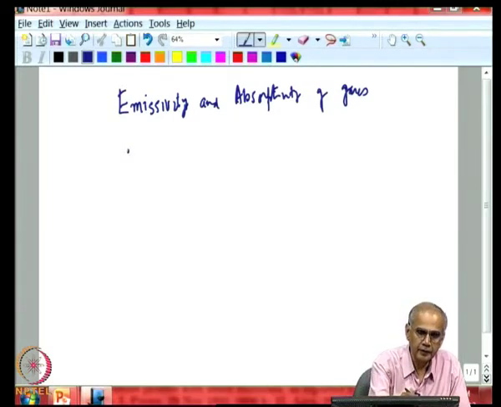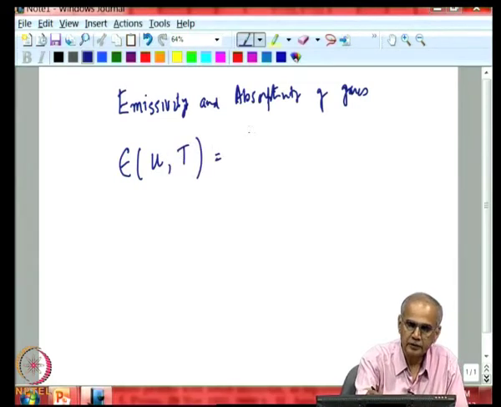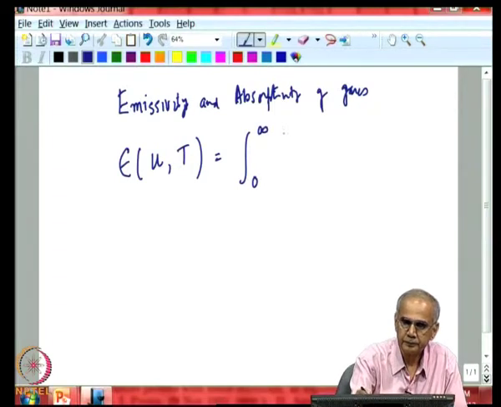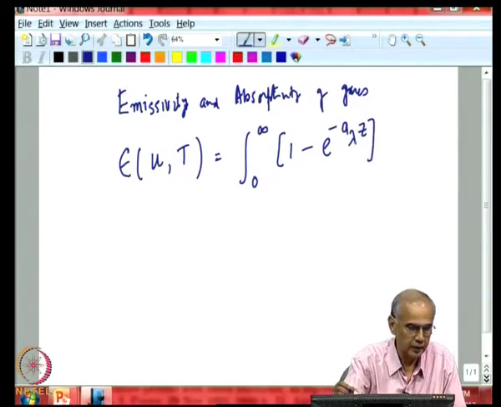So, we recall emissivity of gas depends upon the path length of the absorbing gas and the gas temperature, and is defined as the absorption coefficient times the length scale.